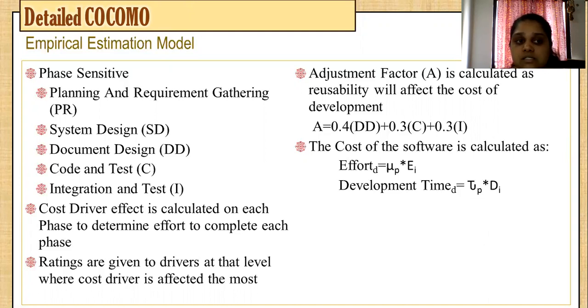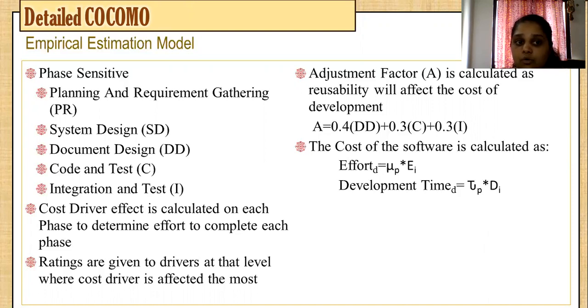So it has phases like planning and requirement gathering, system design, documentation, coding and testing, and integration. So all these are the different phases of development. Now detailed COCOMO is phase sensitive.